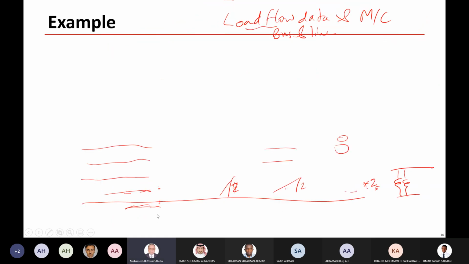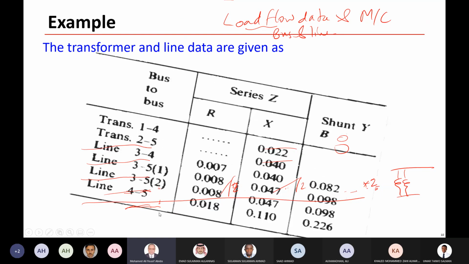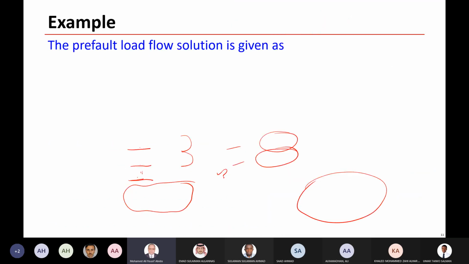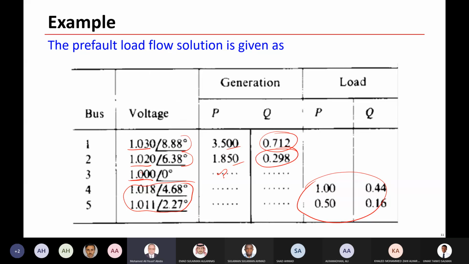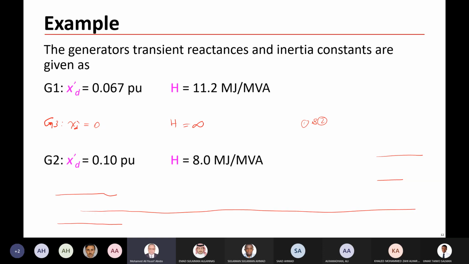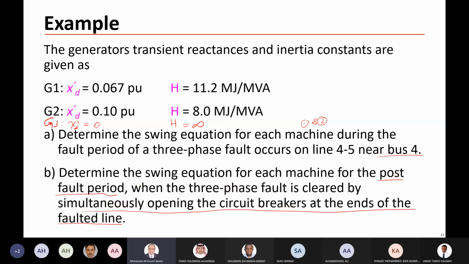And what we need, of course you have to be given the load flow data, bus data, line data, and also machine data, inertia, transient reactance, and if we have damping coefficient also will be given. So all this should be given. Okay, this is the brief. This is the load flow results. Of course, we have to carry out.